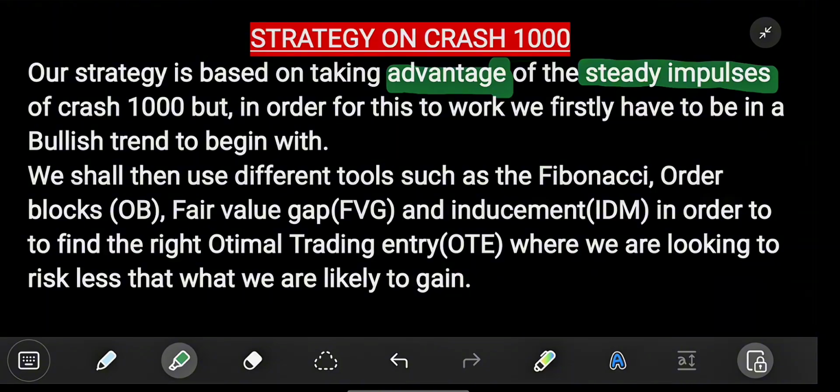We shall then use different tools such as the Fibonacci, the order blocks, and the fair value gap and the inducement in order to find the optimal trading entry where we are looking to risk less than what we are likely to gain.